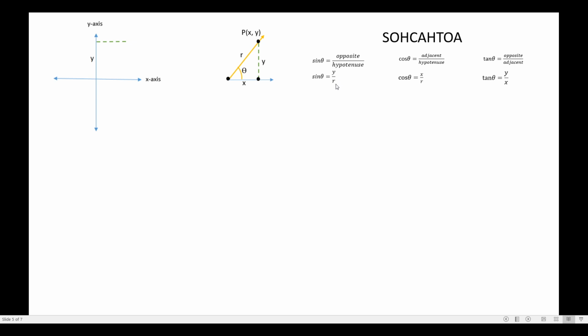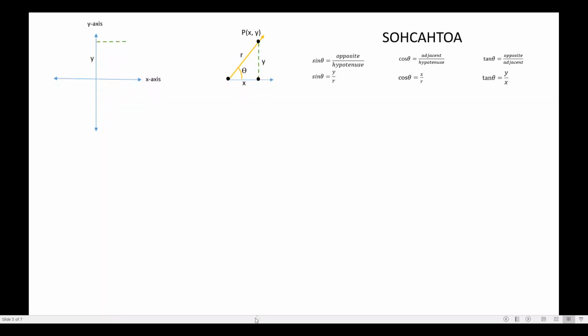If you can remember a while ago, we had sine of 30 degrees equals y over 1 because that was a unit circle. But in this case, since we are dealing with all types of circles, we are now using the variable r instead of the value of r which was equal to 1 a while ago.